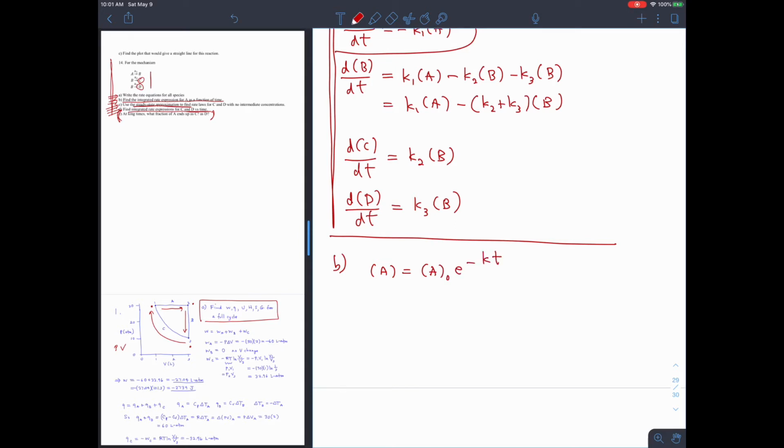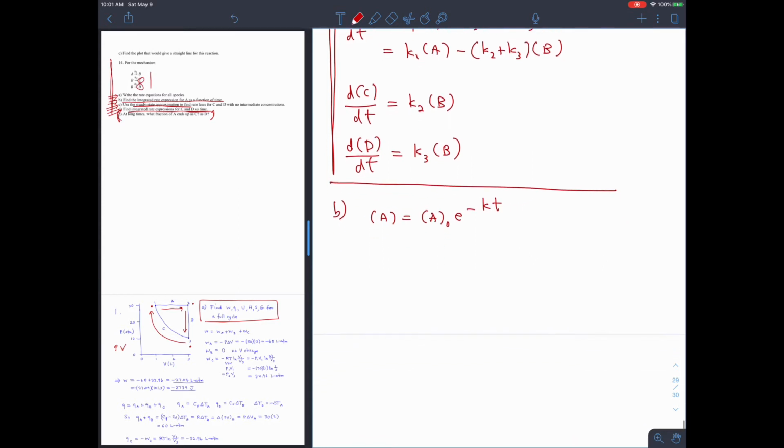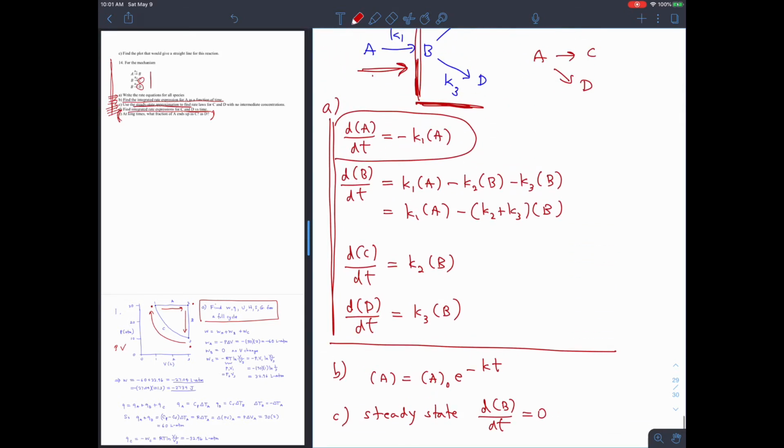And so that, I think, solves part B all by itself. Then part C is to use the steady state approximation. That means set dB/dt equal to 0. That means that this relationship right here is equal to 0.